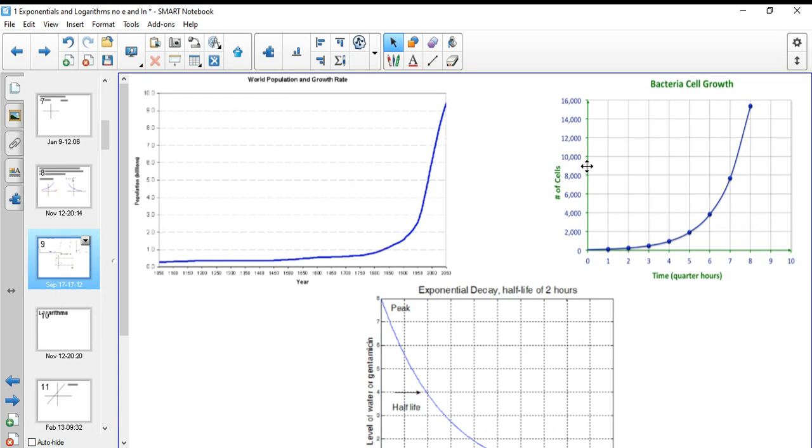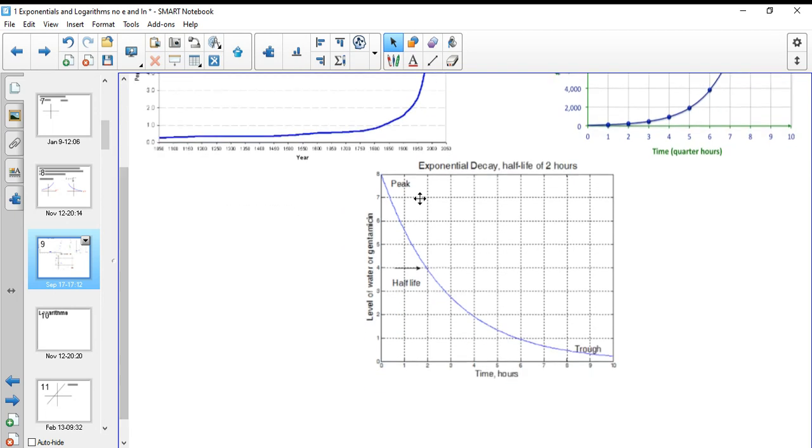And you might see these in science, in biology particularly. And then this is an example of exponential decay, so over time. So notice how all the horizontal axes are time. So when we're talking about something exponentially growing or decaying, it's over time.